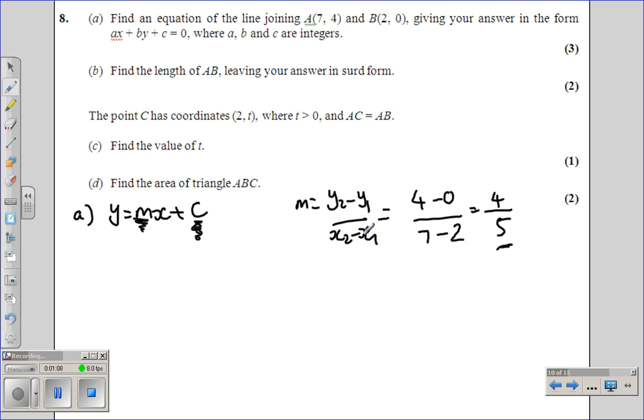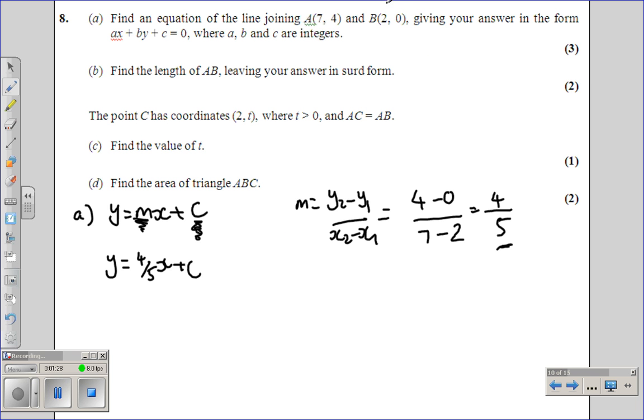So that's the gradient. So we can then write y equals 4/5 x plus c. And to find c, as long as you know a point that lies on the line, you can substitute that in to find c. I'm going to use this one for the only reason that there's a 0 there. It might make the number work easier.